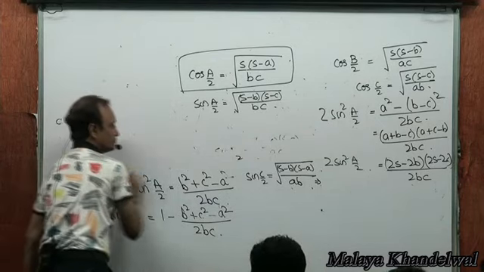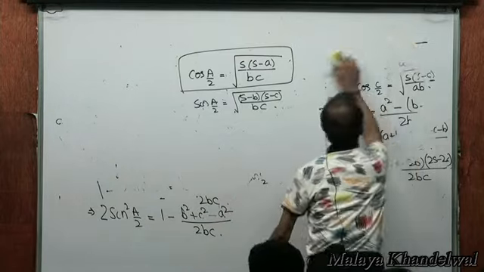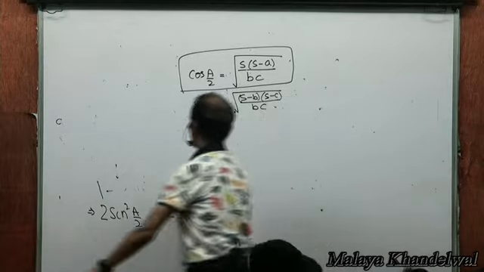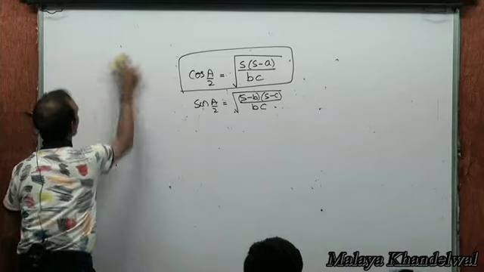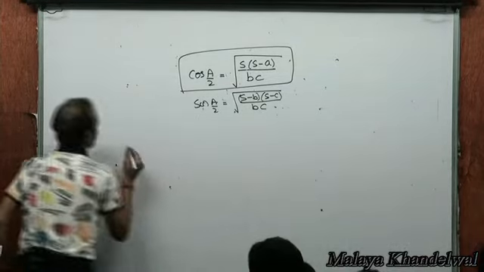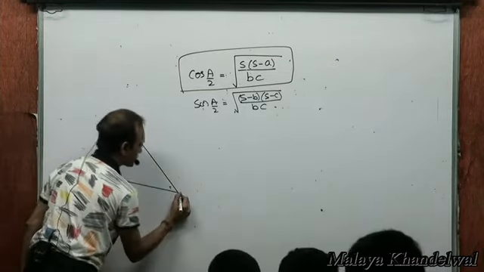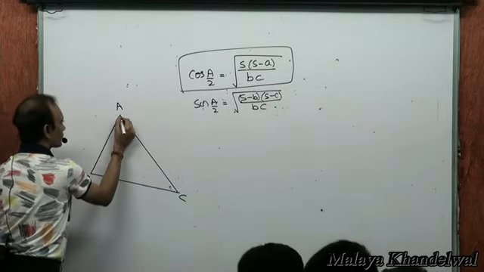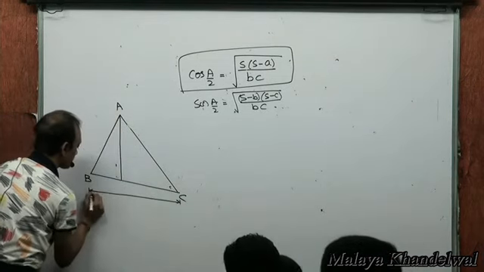Now, if I have a triangle ABC, this side is small a, right?